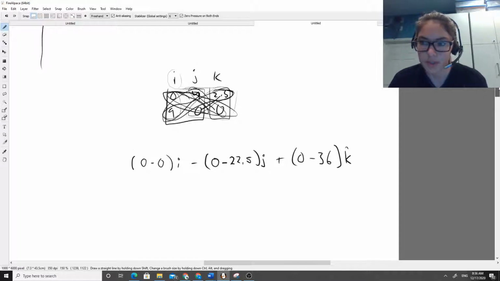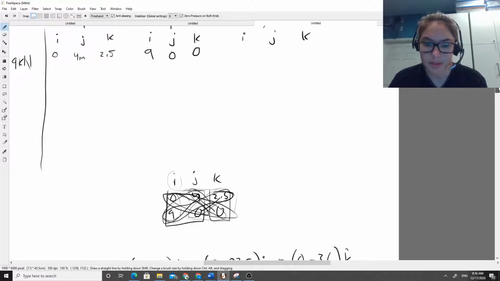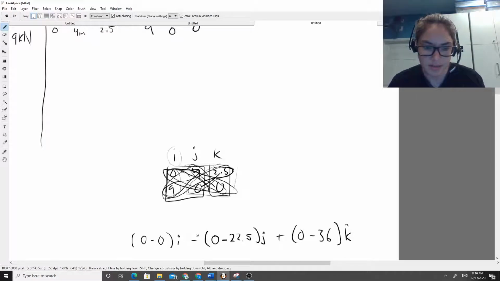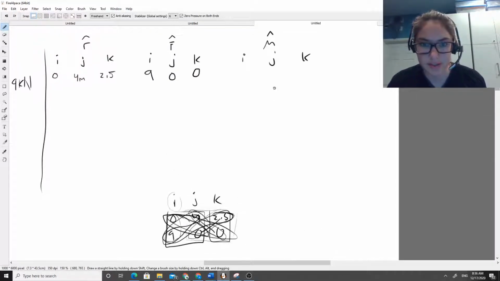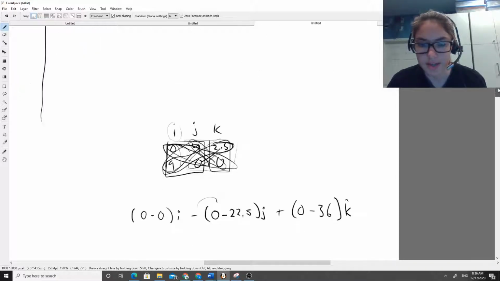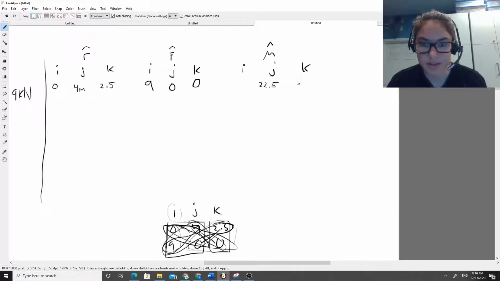And we can just go ahead and put those numbers up. So that's going to be negative times a negative is positive 22.5 in the j hat direction. And in the k hat, we have negative 36. Okay, perfect. So that's for our 9 kilonewton force.